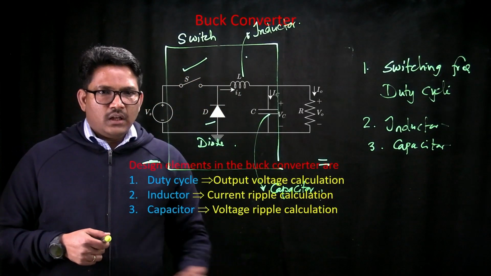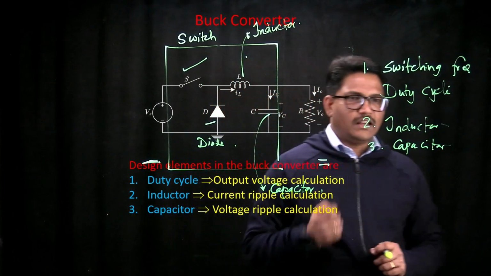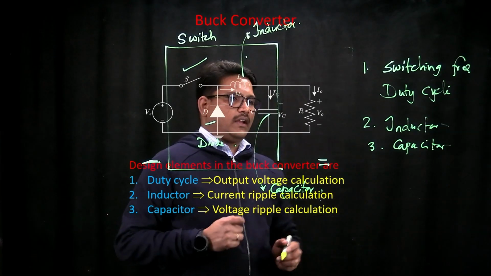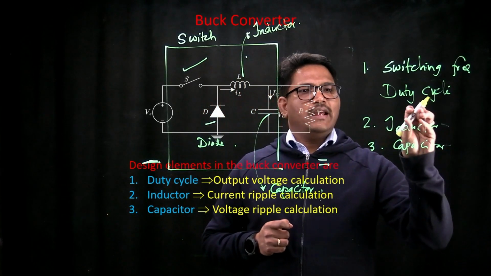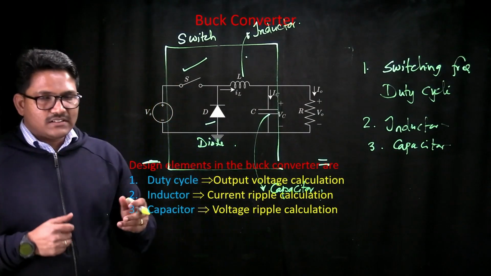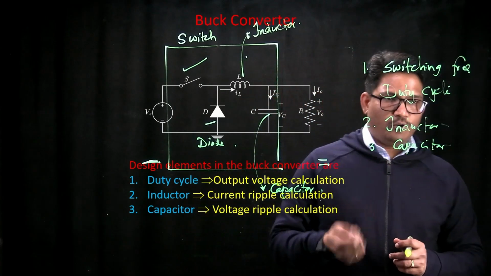Now, it is very clear that out of these 3 elements, the duty cycle regulates the output voltage, the inductor regulates the amount of current ripple in your output, and the capacitor regulates the amount of voltage ripple in our output.